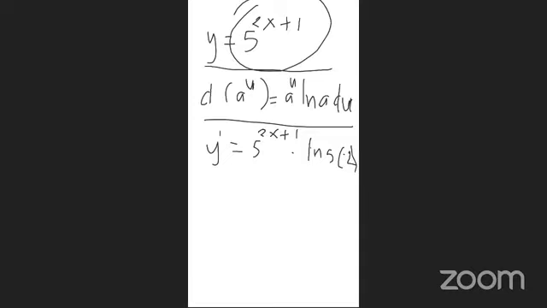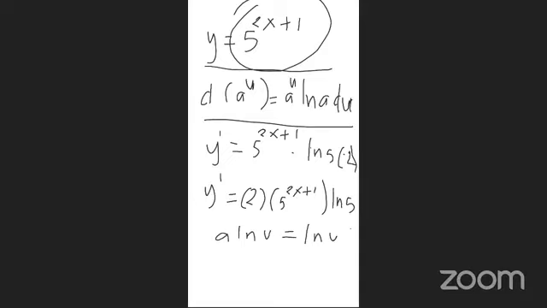Then if we simplify this, y prime is equal to 2 times 5 raised to 2x plus 1 times ln of 5. The rule for ln is that a ln u can be written as ln u raised to a.